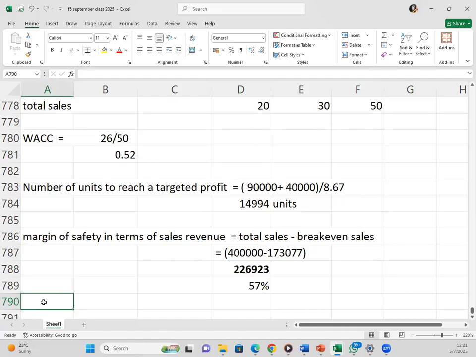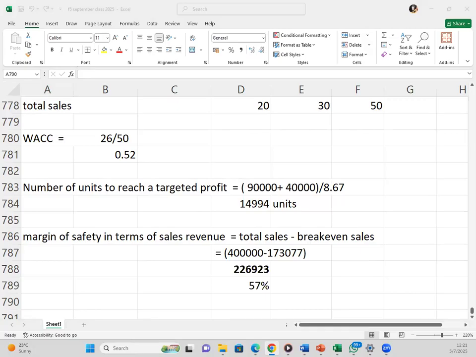So that is if we are using the formulas. So graphically, we can also show the break-even point. We can also show the break-even point using a graph.